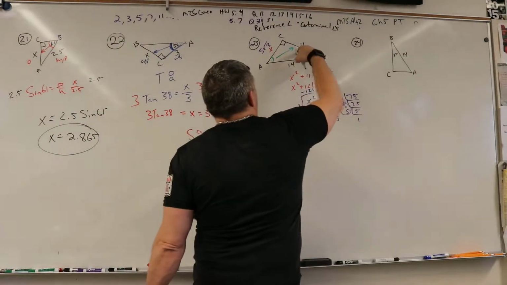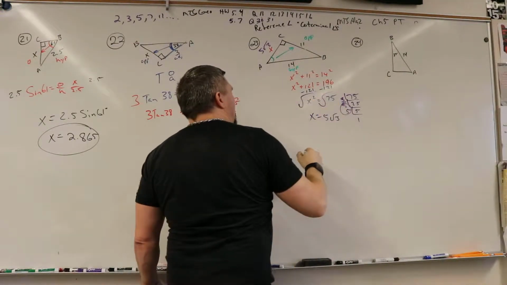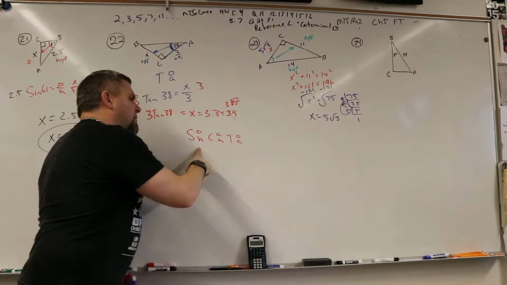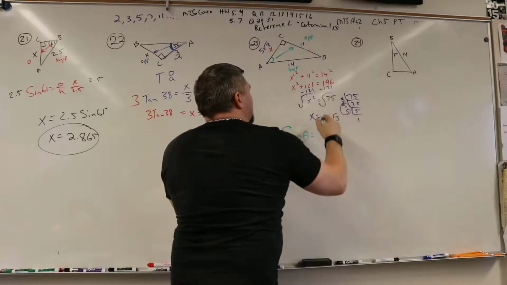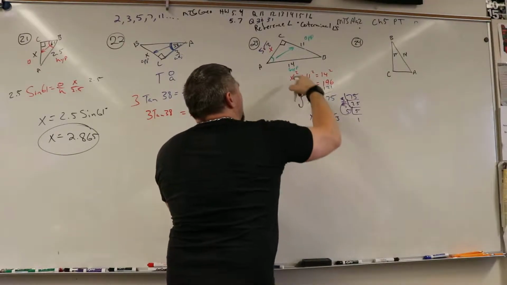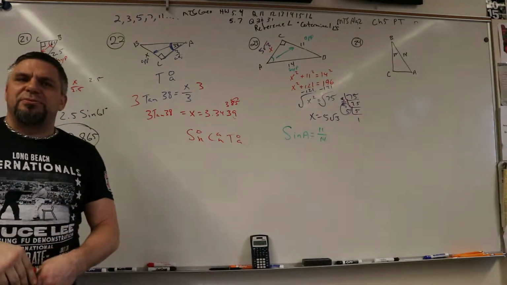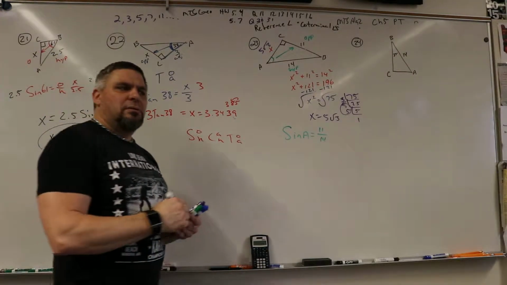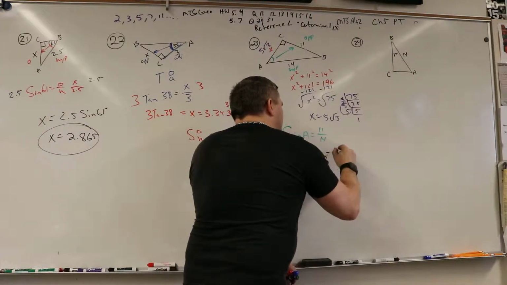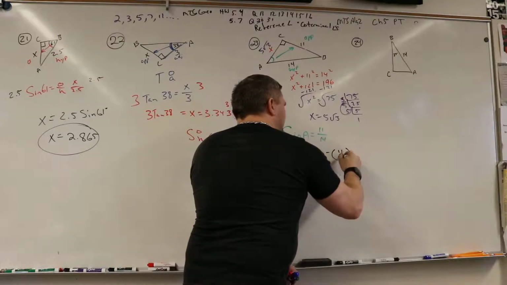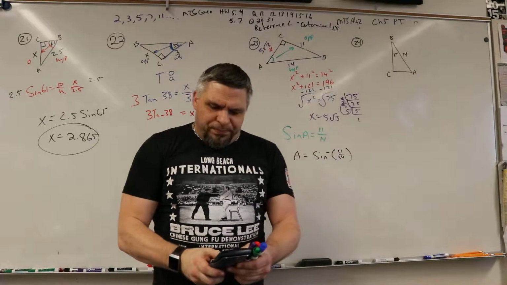So I'm going to look at opposite and hypotenuse. That means the sine of A is equal to the opposite, or 11, over the hypotenuse, which is 14. Alright, so this means we do the inverse sine. A is equal to sine inverse of 11 over 14, and that's just calculator work, people.